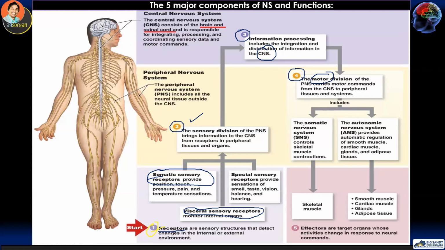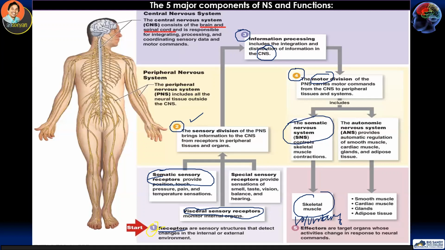If it is the somatic nervous system, then the order will be carried to the skeletal muscles, which is the voluntary effector. This is the only voluntary effector, the skeletal muscle, and we can really order the skeletal muscle to perform contraction.